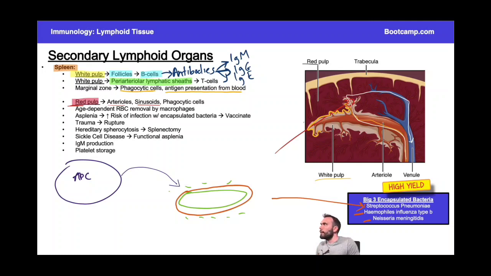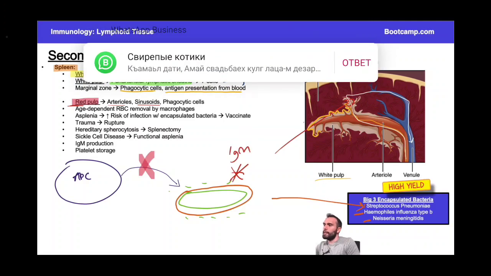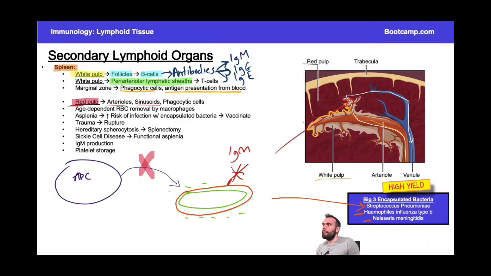So the antigen presenting cell needs a way to digest this bacteria now. It can't do it through phagocytosis alone. What can happen is we have antibodies in our blood. Let's say we have some IgM antibody floating around, and it binds to the surface of this bacteria. In doing that, the bacteria is tagged for destruction.